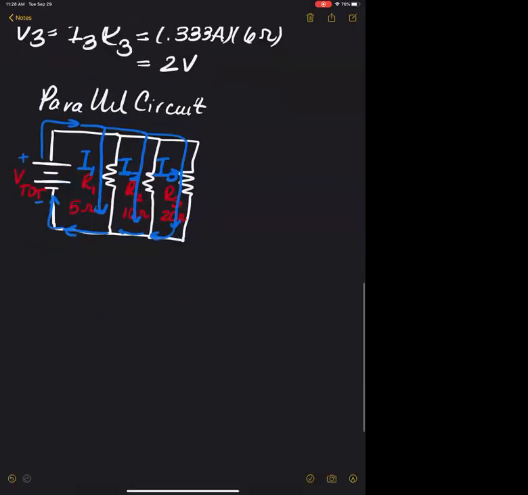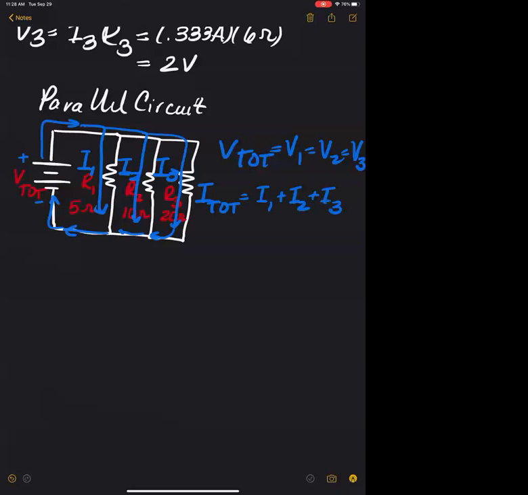I could remove any of these resistors and the battery would still be connected across each individual resistor. So remember, that means that V total is equal to V1 or V2. It's like they're all hooked directly to that battery. But the currents have to add up because they split up and go through the individual pieces.